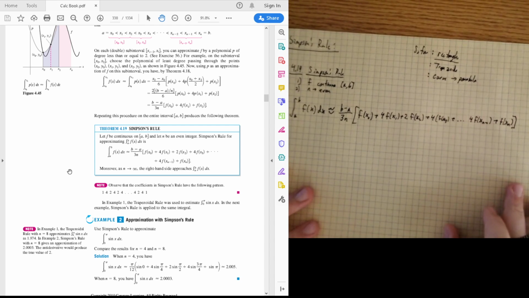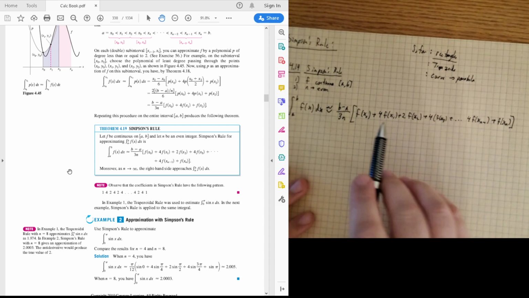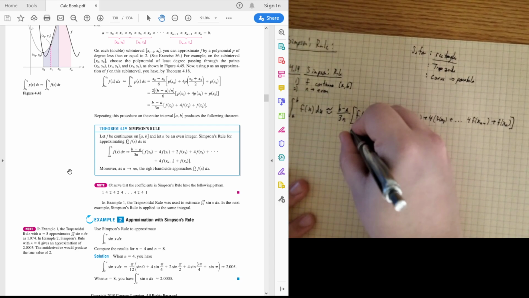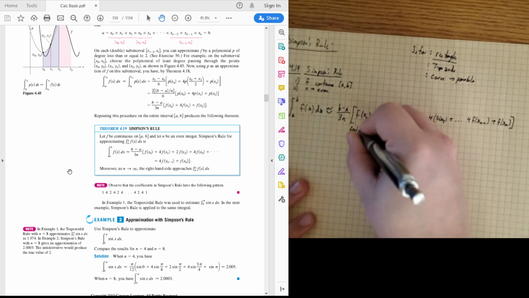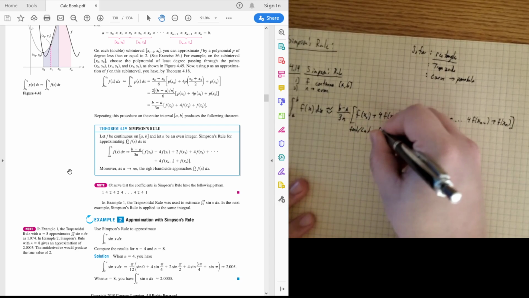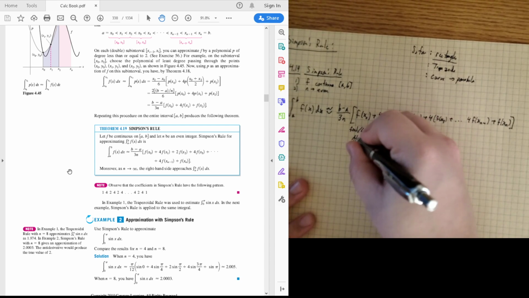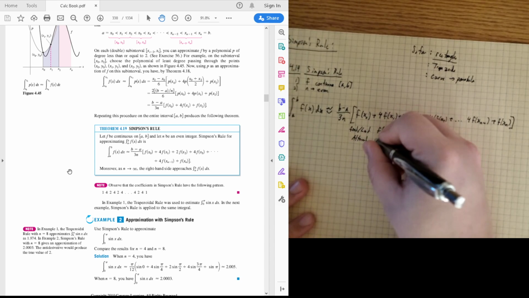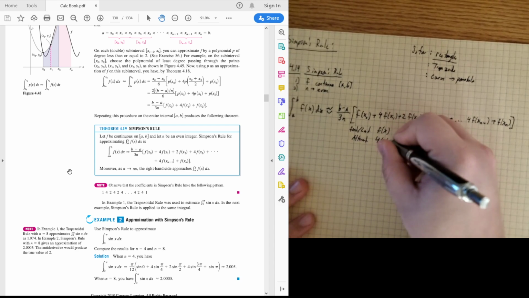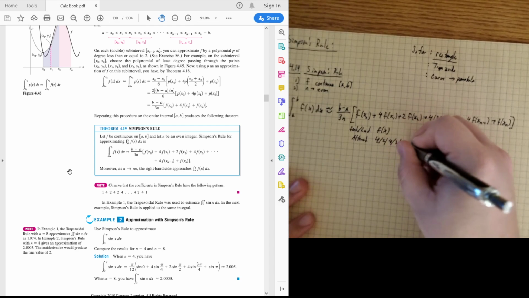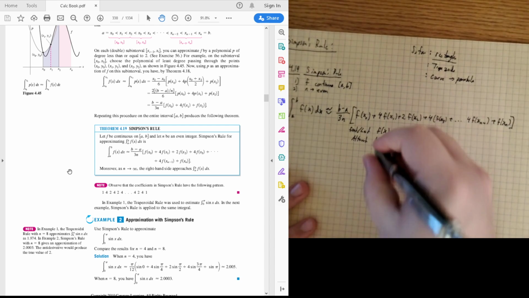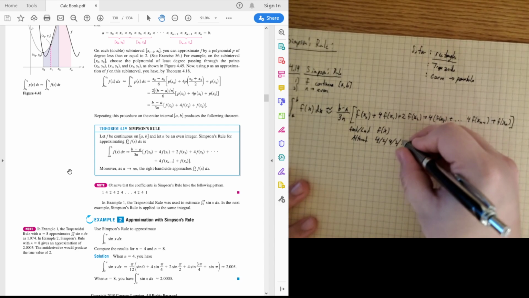So you can see it follows a slightly more complex rule. In this case, the pattern is first and last are just f of x's. Then it alternates 4, 2, 4, 2, so on and so forth. It will always start on a 4 and end on a 4.